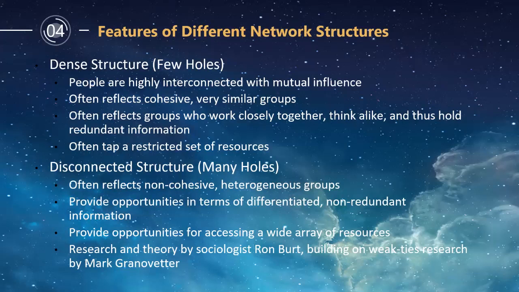A typical network structure like this often reflects people that think like you, that talk like you, a very similar group, right? And basically everyone is connected to each other in a way, as opposed to the disconnected structure, where everyone is very heterogeneous as opposed to a homogeneous group.